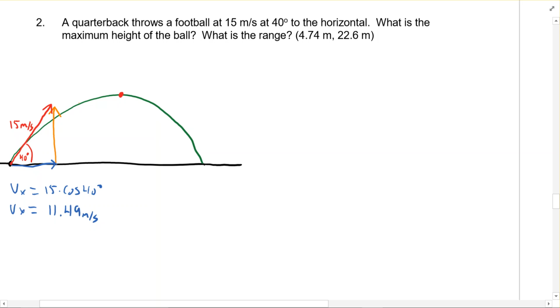Okay, vi in the y direction is going to be the same thing, but just sine instead, because it's the opposite side. So it's going to be 15 times sine 40 degrees. So viy is going to be equal to 9.64 meters per second. All right, so I've got the x and the y components of that velocity. Now let's make our table.